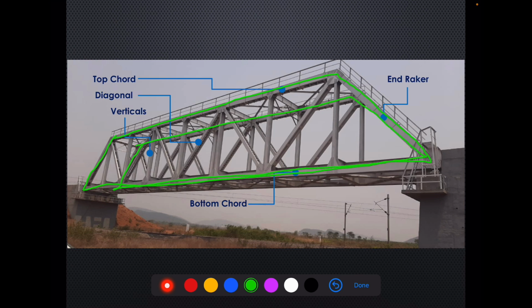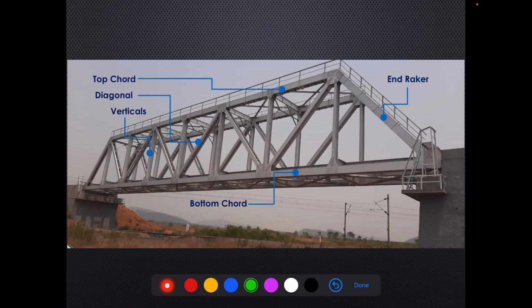So these two trusses are connected at top with various members, and they are also connected at the bottom with flooring system. So this is what constitutes a typical open web girder through type.